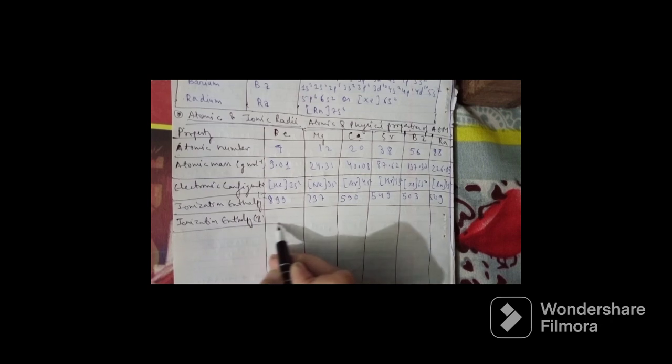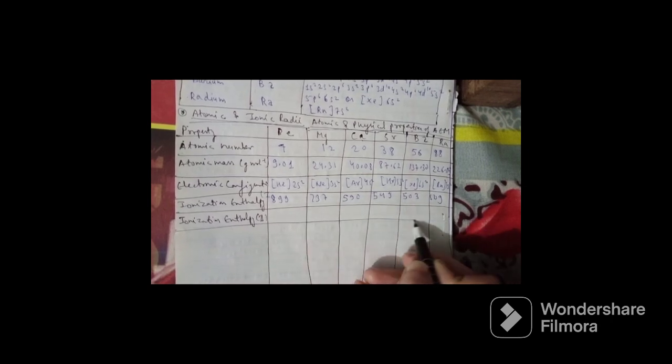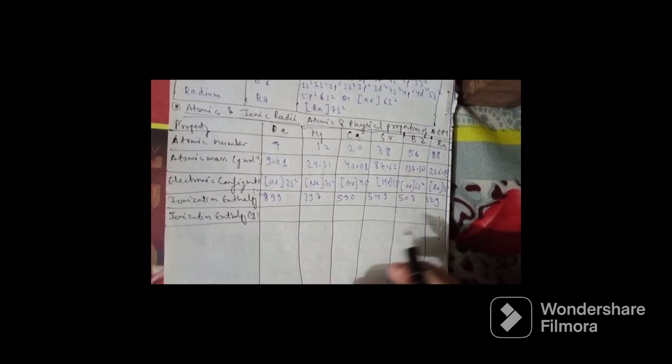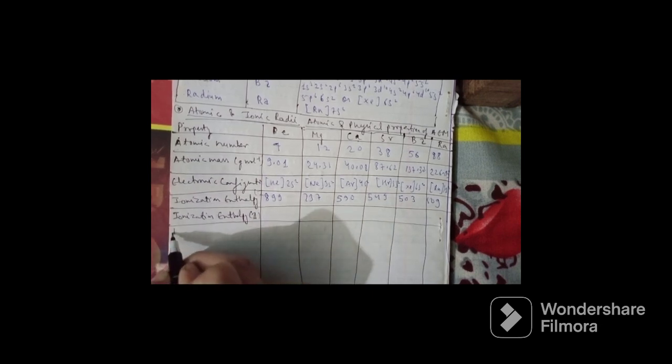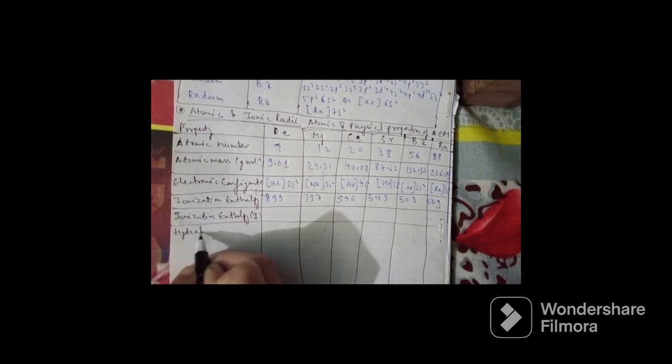The next property after ionization enthalpy 2 is hydration enthalpy.